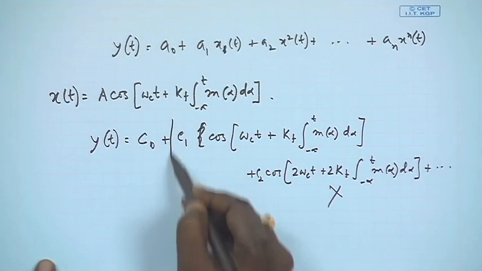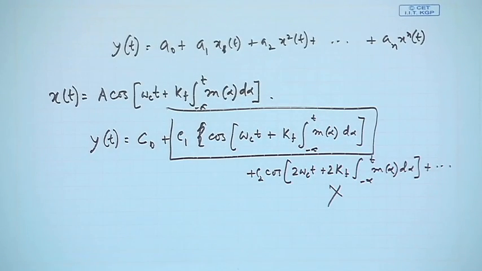I will only have the original term. So, even if I have channel nonlinearity, I do not bother about it, because the band pass filter will cancel out the effect of nonlinearity, and I get a pure FM modulated signal even after passing through a nonlinear channel.